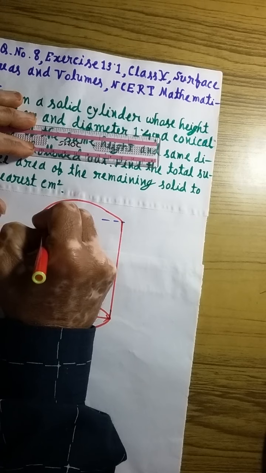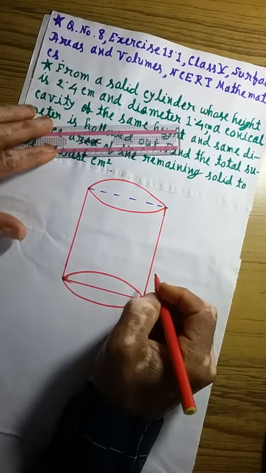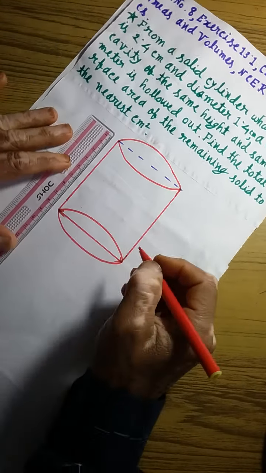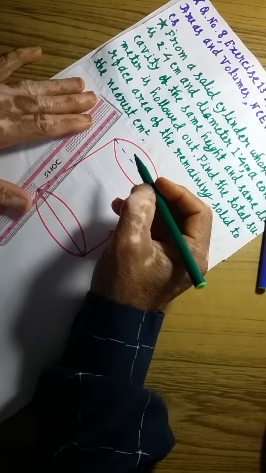A rough diagram of the remaining solid cylinder. Now let us show the conical cavity.